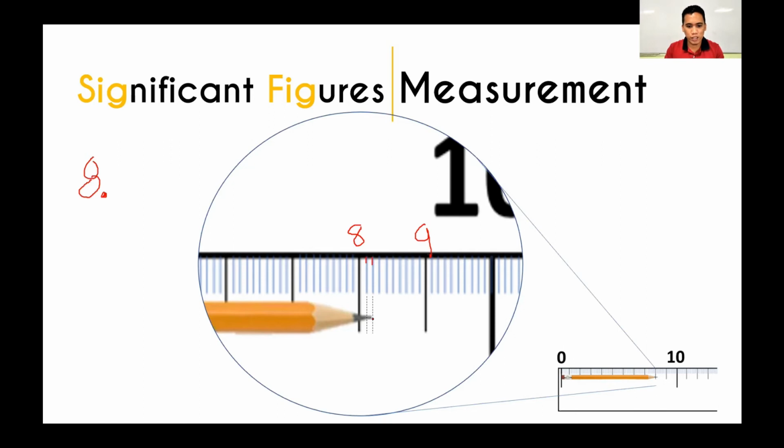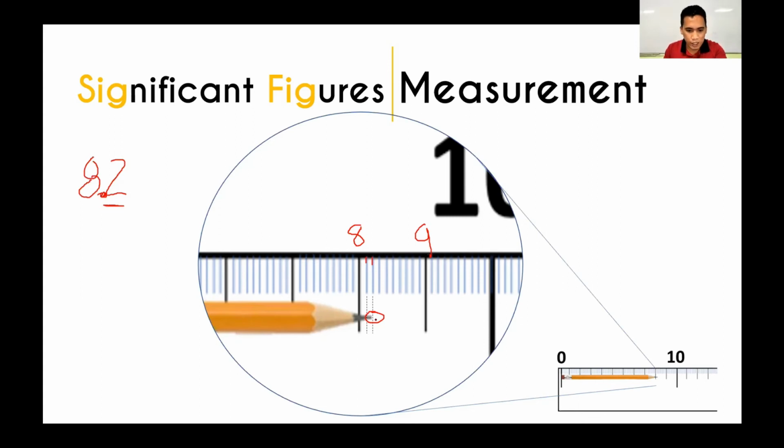Since it is calibrated by 0.1, this is 8.1, this is 8.2, and as you can see, the tip of the pencil falls on the second line after the 8, so therefore it is 8.2. Then since it is calibrated by 0.1, our estimated value should be a place after the calibrated value of your measuring device. If this is the calibrated value, then the estimated value is the digit after this.